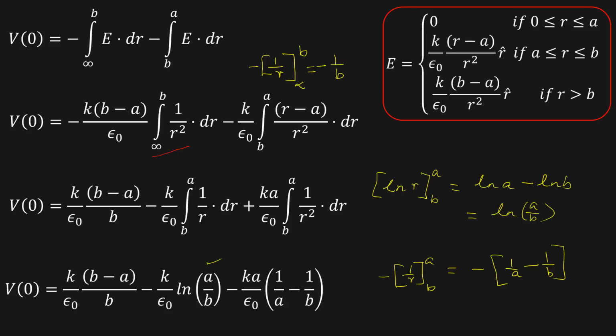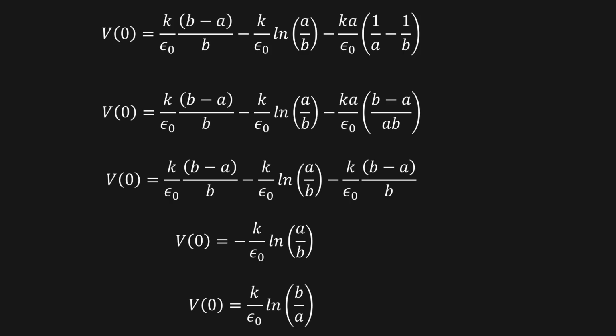Now we will simplify it further. Now we got this expression. Take the last term, this one. You take the LCM A P, then the numerator will become P minus A, that is (P minus A) over A P. Here you can see this A will get cancelled with this A. So this third term will become K over epsilon naught (P minus A) over P. Now you compare the first and third term.